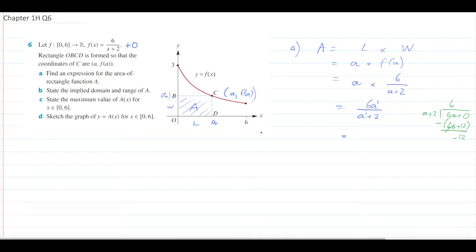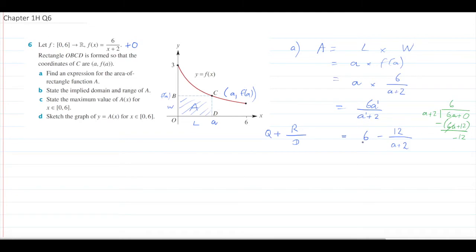So again, the formula for a hyperbola is quotient plus your remainder divided by your divisor. And to put into maths format, in this example it is 6 plus, or in this case, because we have a minus 12, we just put minus 12, that's your remainder, divided by your A plus 2, which is your divisor. There we go. So that's another way of writing this, and it looks a lot nicer.